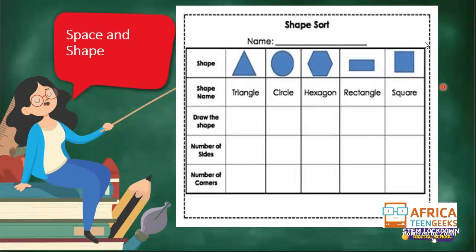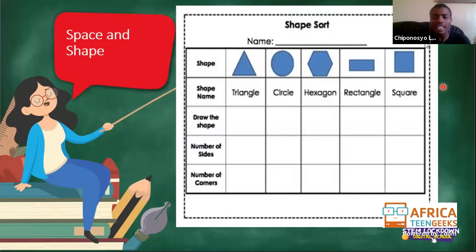All right. Awesome. You are a legend. Thank you. So the rectangle has 4 sides and 4 corners. Rectangle and square are the same in terms of sides and corners.